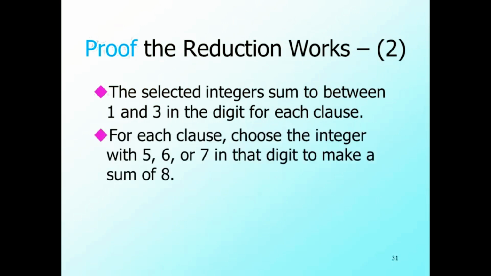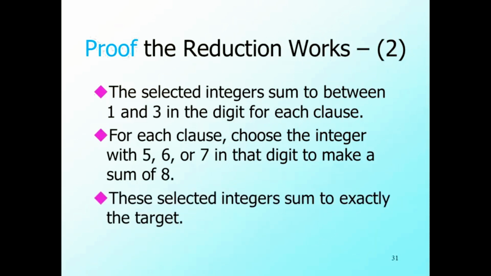So for each clause, add to the set of integers we're choosing the integer that has 5, 6, or 7 in that position, whatever is needed to make the sum be 8 in that position. Now we have a set that sums to 1 in each of the high order positions, that is the positions for the variables, and to 8 for each of the low order positions, that is the positions for the clauses. That sum is exactly the target, so there is a solution to the output knapsack instance.